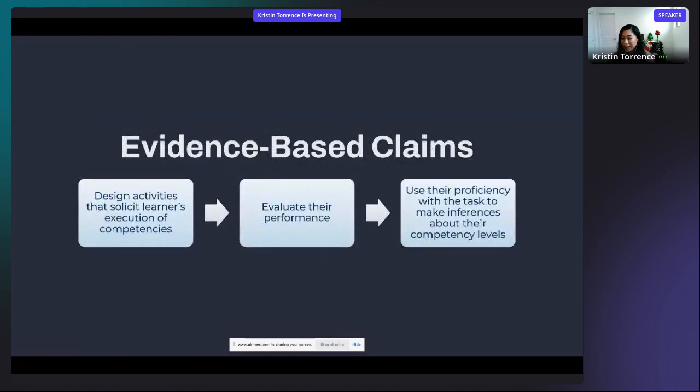In other words, evidence-centered design allows us to make evidence-based claims about learners. By knowing what we want to measure, we can design activities that solicit learners' execution of these competencies. Then we can evaluate their performance and use their proficiency with the task to make inferences about their competency levels using statistical modeling.